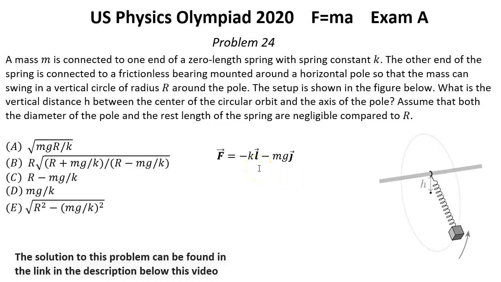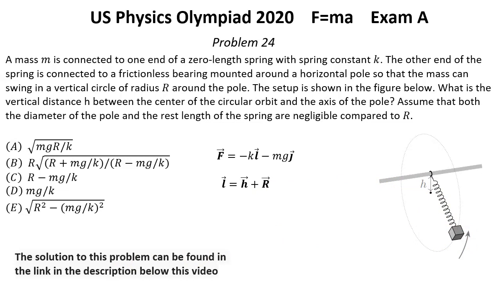Here vector L is the vector from the pole to our mass. We can represent vector L as a vector h, which is from the pole to the center of rotation, plus vector r from the center of rotation to our mass.